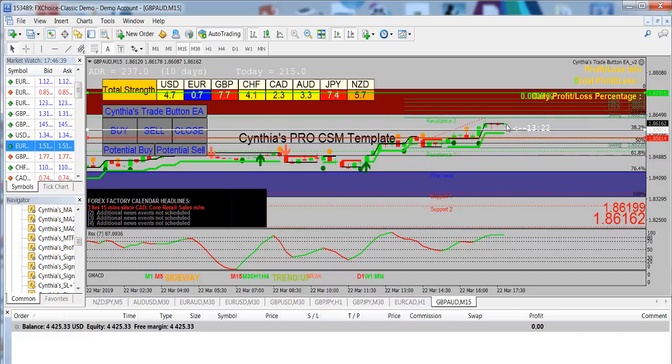So right now price is pretty much stalled out, which is understandable at this time of the day. So this is not a real trade, of course. This is just to show you how to use this button again. So if I want to increase my stop loss, I would just drag this red stop loss down to a previous support.